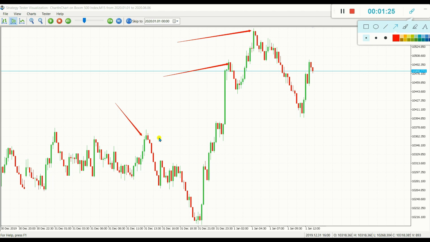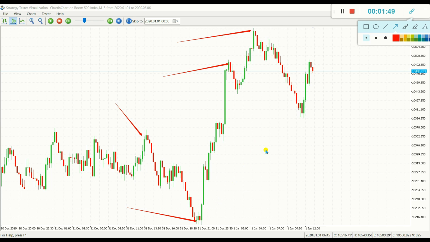The market came down, created a very low point here, that's called swing low, and pushed up, created another high. So this high right here, it's higher than this point. That's why we call higher high. And again the market created another high above this point, so that's also called higher high.